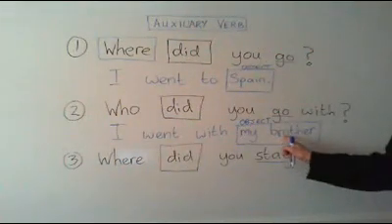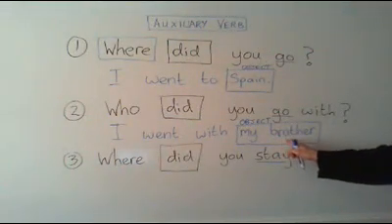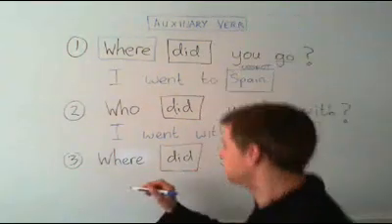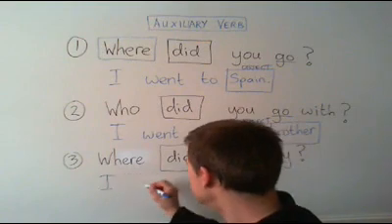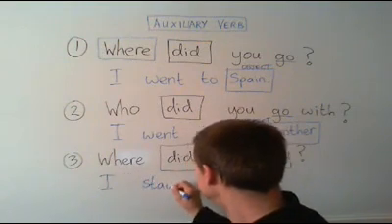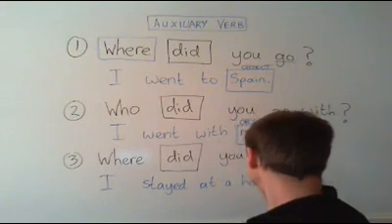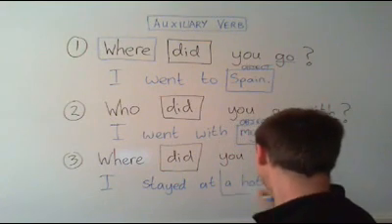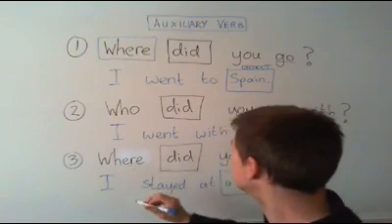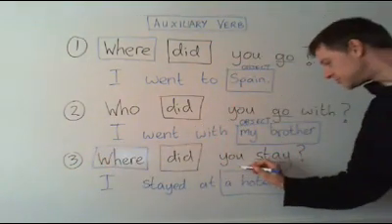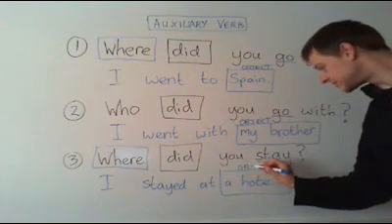My brother is the object. He is the last word. Okay, and the last question, I stayed at a hotel. A hotel is where I stayed. So again, the question word where is the object. It's not the subject.